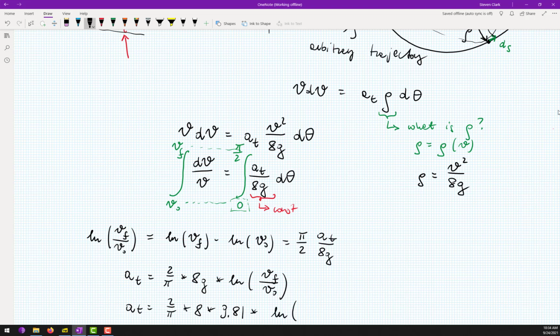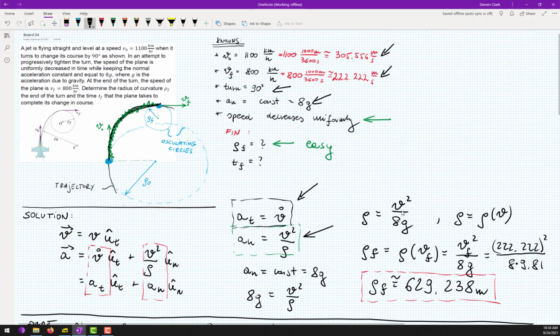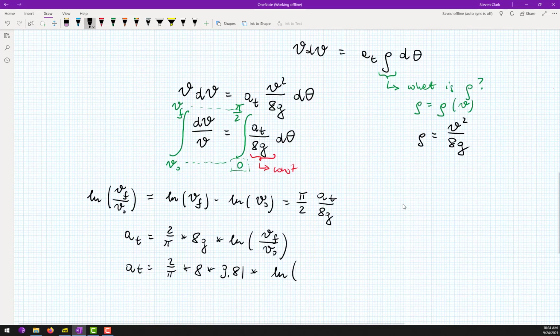In here, it doesn't matter if it's in meters per second or kilometers per hour. The units will cancel out. So that will be 800 divided by 1100. Grab your calculators and obtain that our at is equal to approximately minus 15.91056 meters per second squared. Okay, we obtain a negative value.